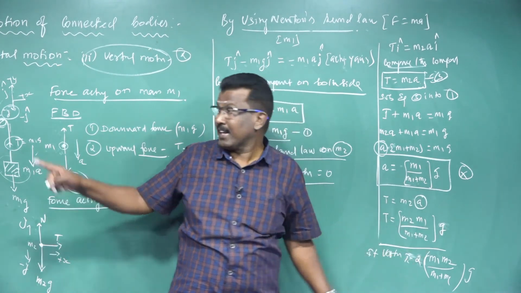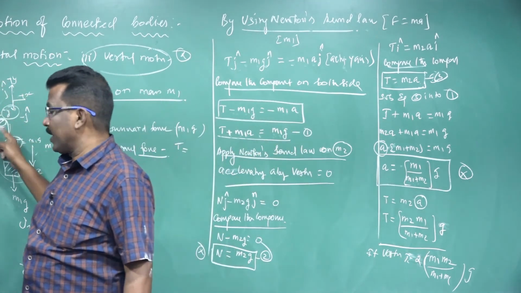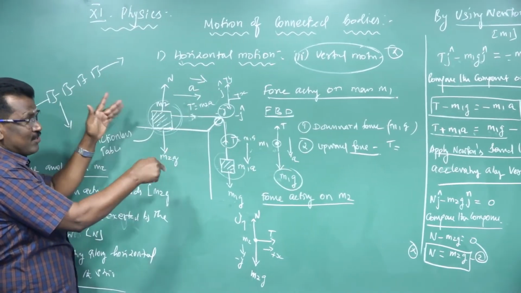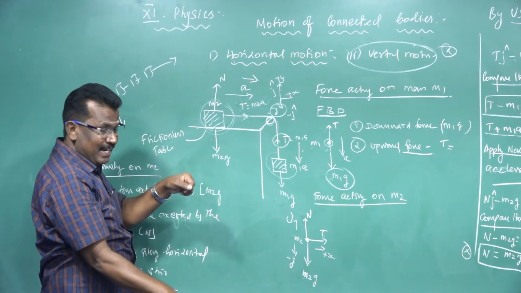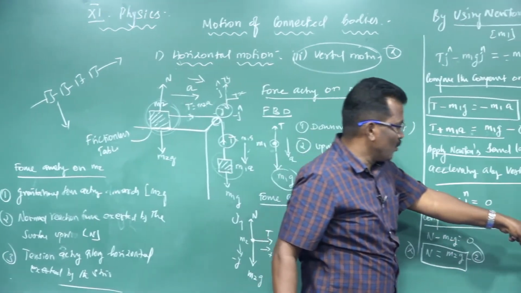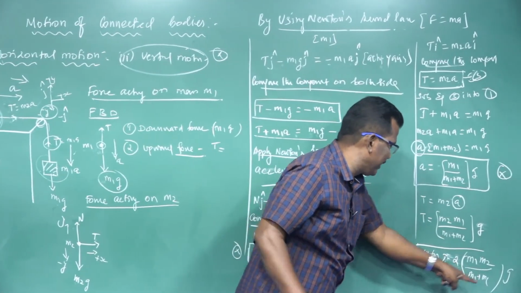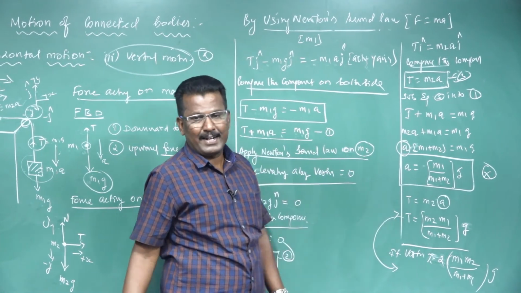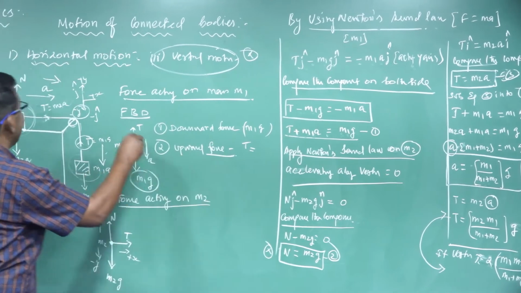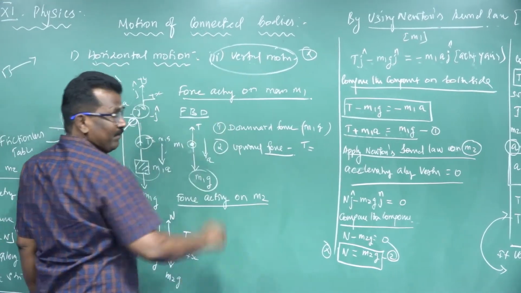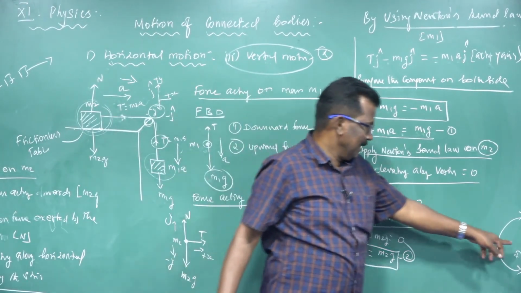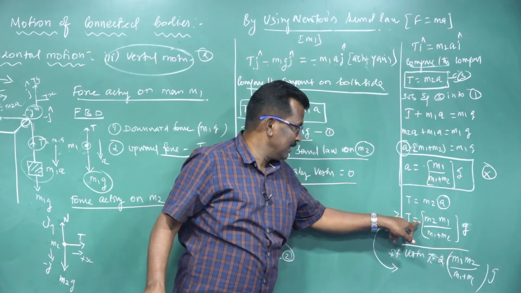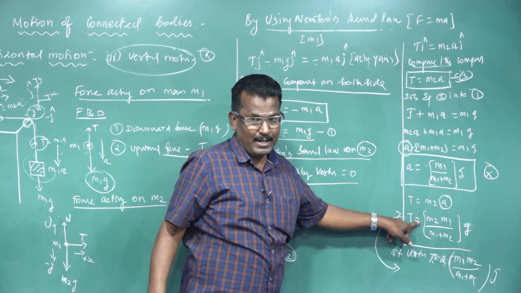If the two bodies are connected by means of strings and the force is applied vertically, the tension would be 2 m1 m2 divided by m1 plus m2 into g. So compare these two. Where is the tension greater? Tension is greater in the case of vertical. The tension produced on the string in vertical motion is twice that in horizontal.